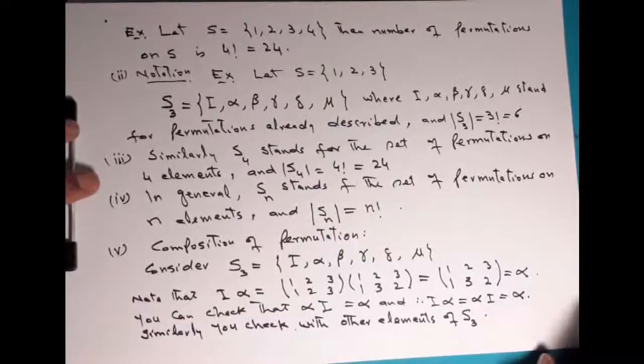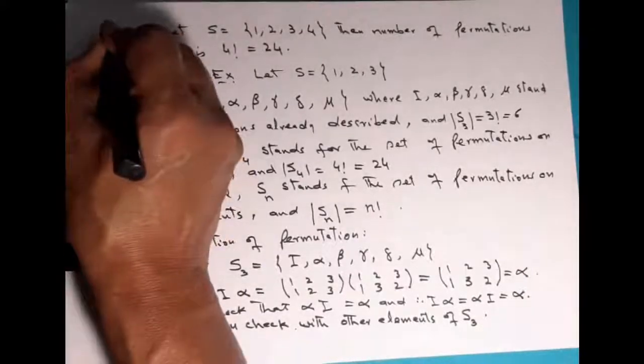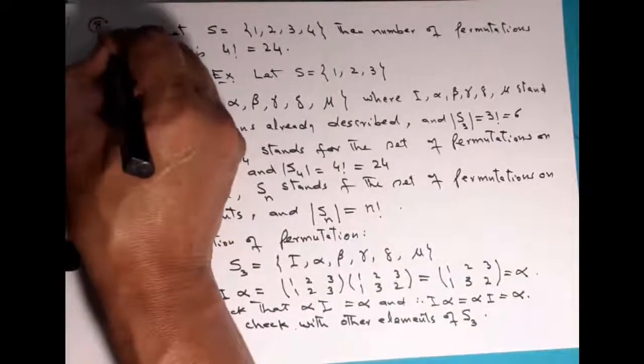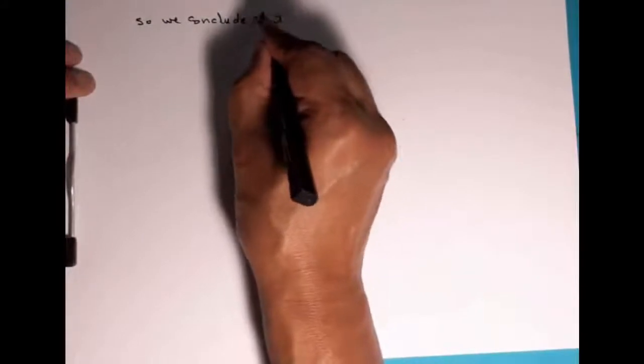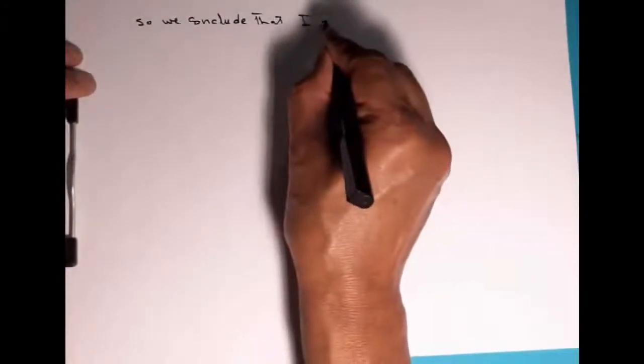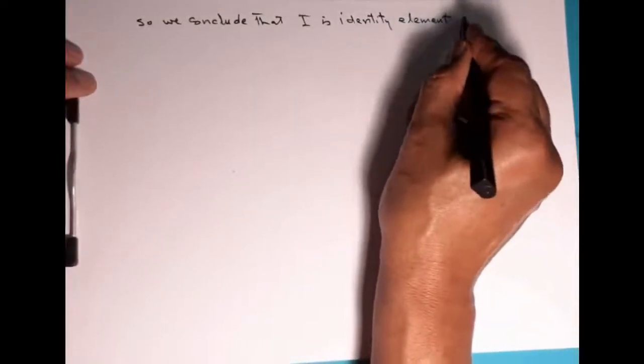So what we conclude is that the identity permutation is the identity element in S3.